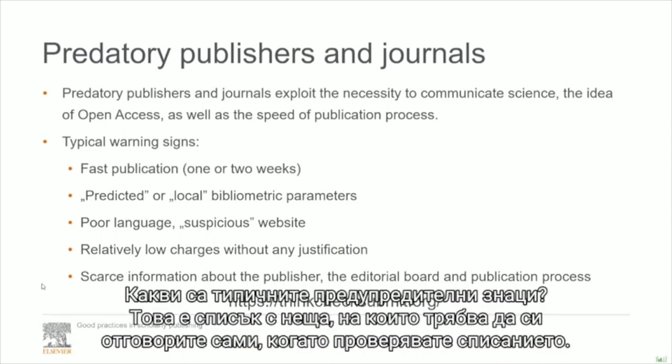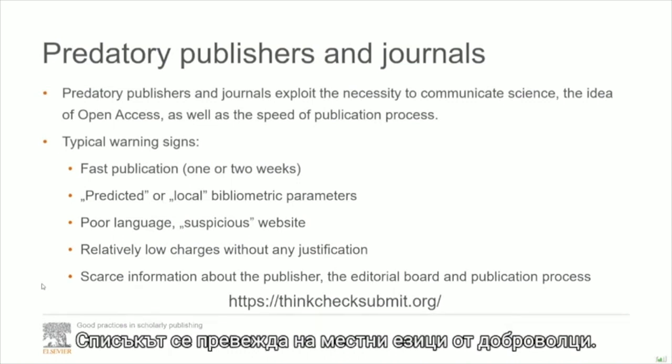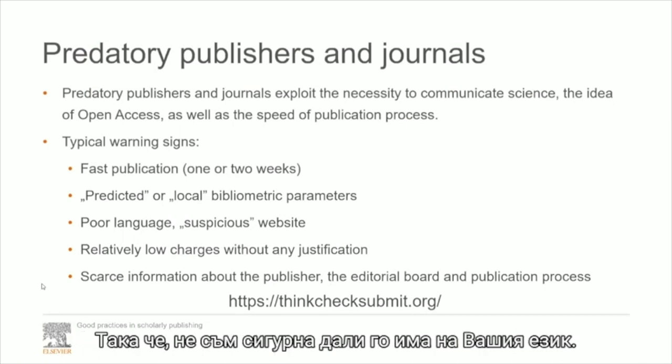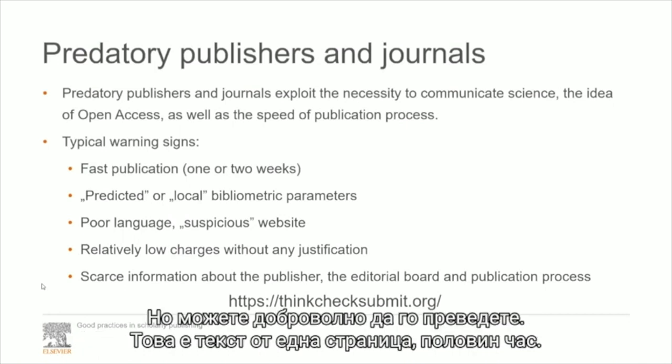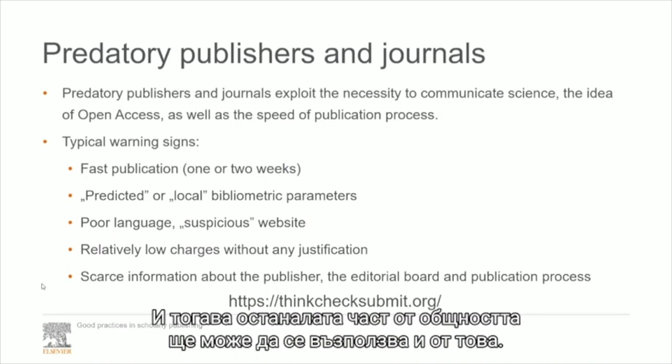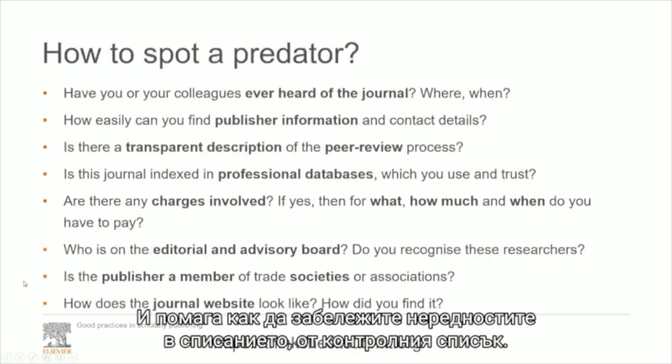It's simply a list of things you need to answer yourself when you verify the journal. It is translated into local languages by volunteers. So I'm not sure if there's one in your local language, but you may volunteer to translate it. It's a one page, takes you half an hour to do, and then the rest of the community can benefit from this as well.